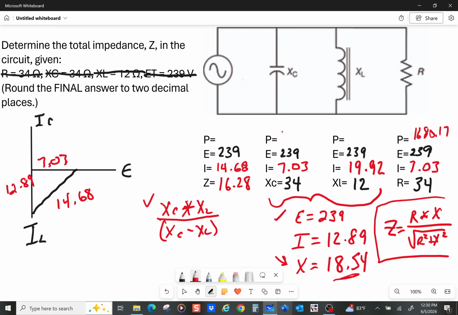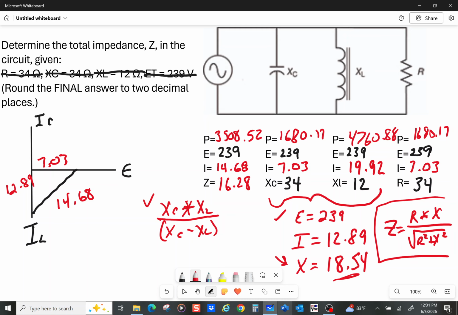That's 1680.17 because the values are the same, times 19.92 gives me 4760.88, and times 14.68 gives me a value of 3508.52.